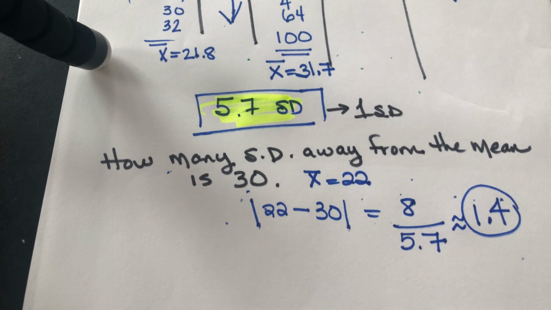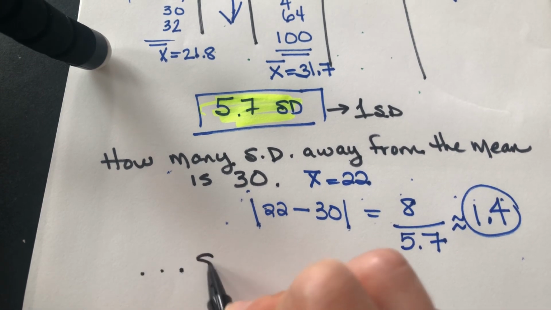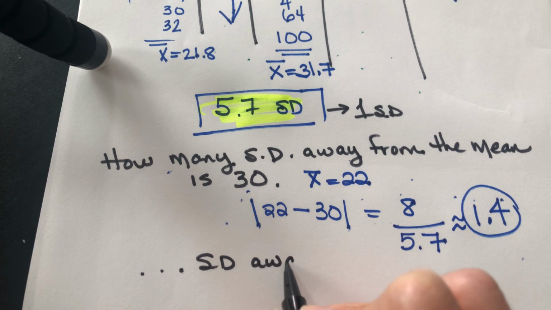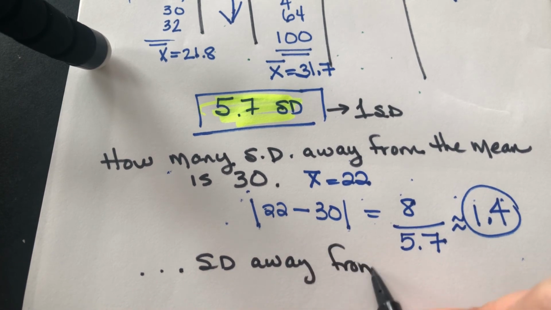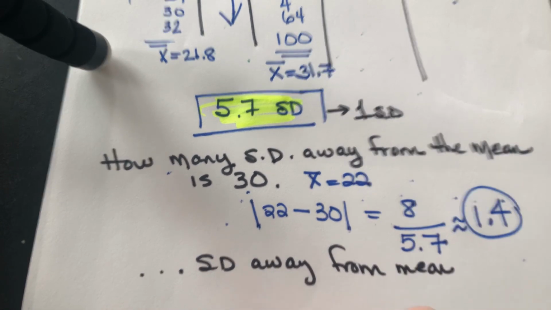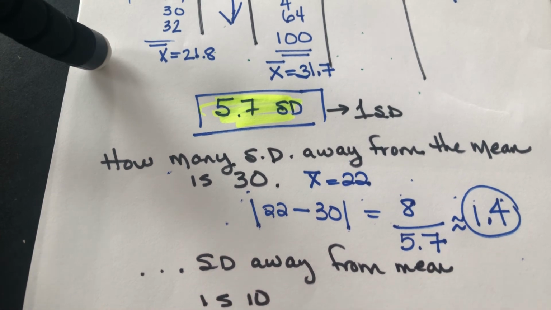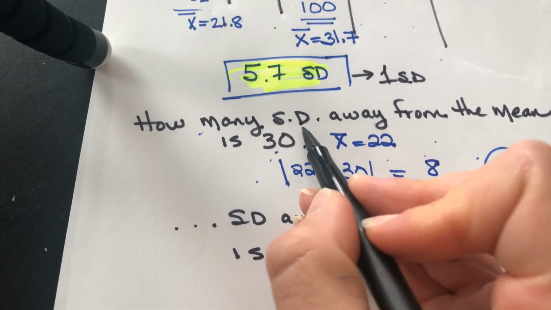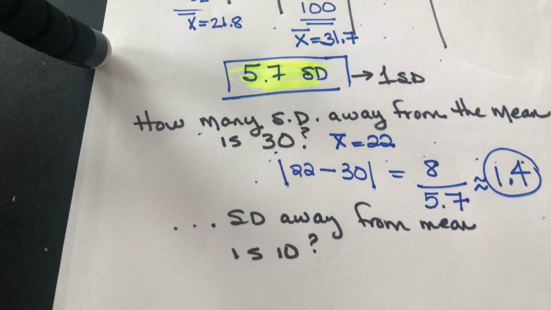So watch, how about if I asked you this? How many standard deviations away from the mean is 10? Okay, so here you guys go. Same kind of thing that you just did.